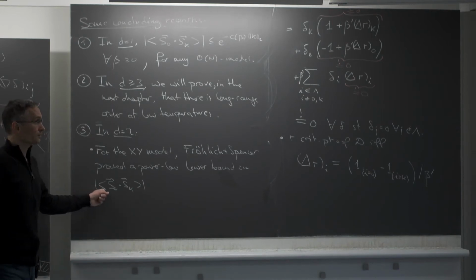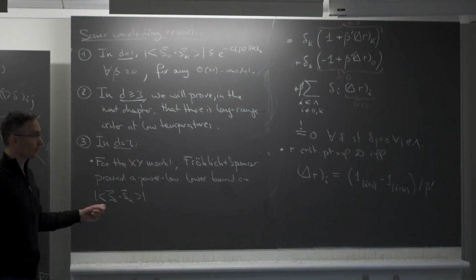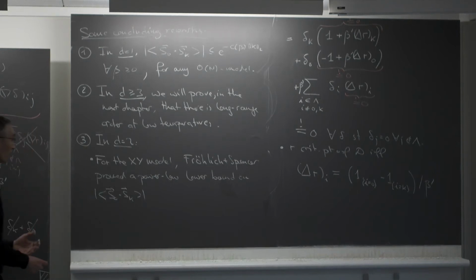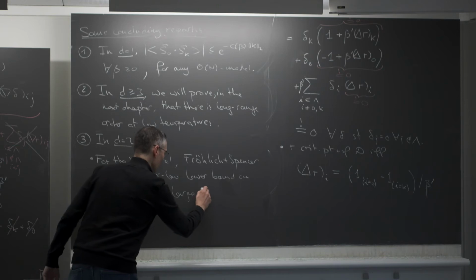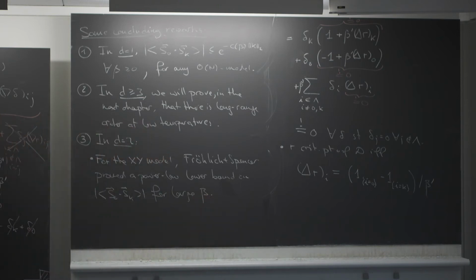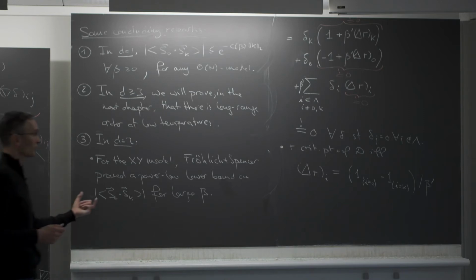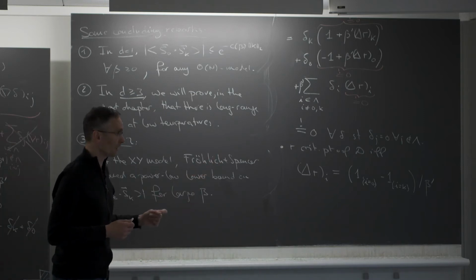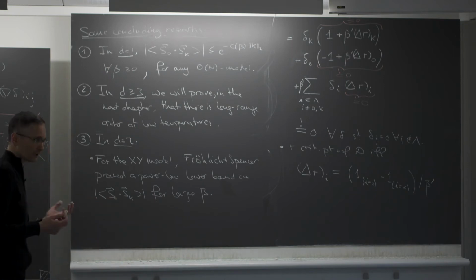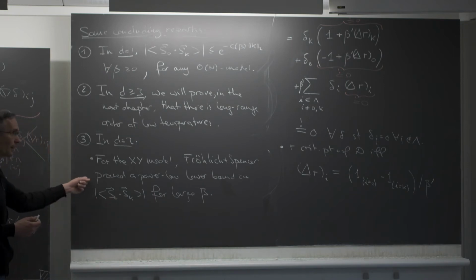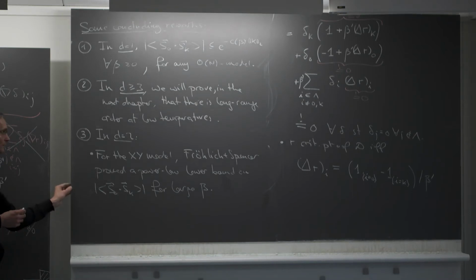So in particular, we cannot improve on what we have done. The behavior is really a power law for large beta. The exponent that we get for the power law is not matching. So the conjecture is that the one we derived is correct, but the one they got is a bit worse. Okay, but this is already a very difficult proof.